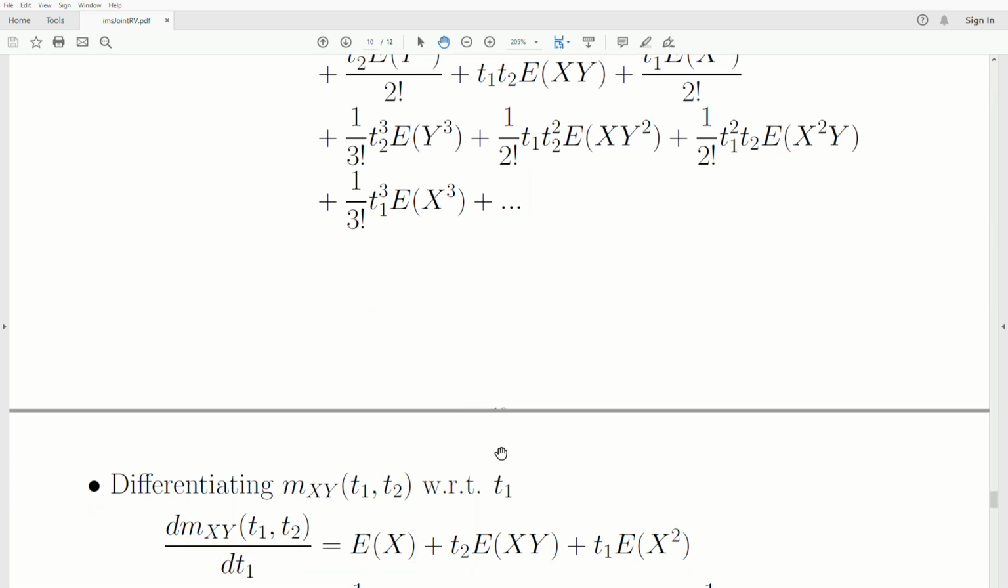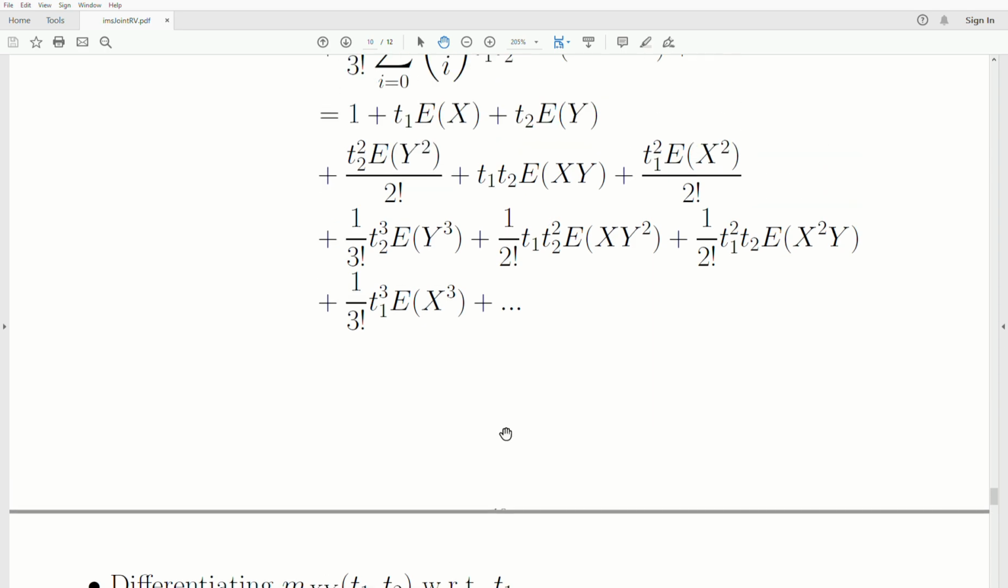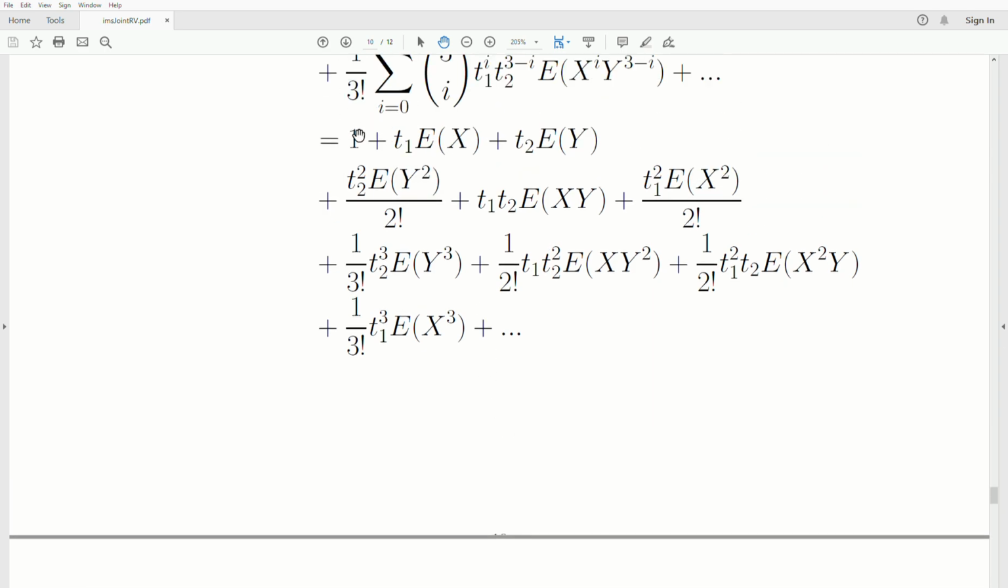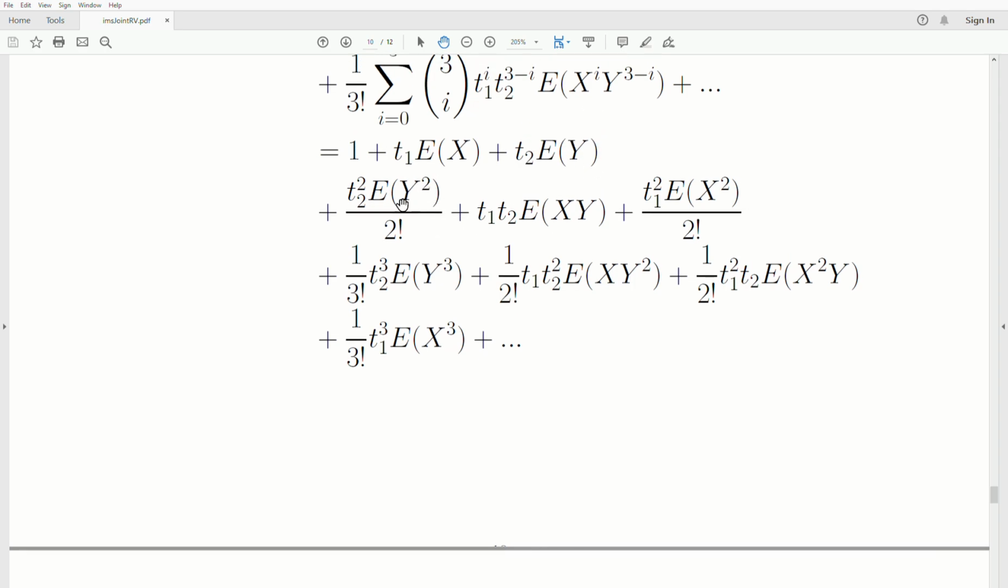So let's differentiate it with respect to t1 first. But let's go up here and see what we would achieve. So this is 0, and then we're left with E of X when we take the derivative with respect to t1. This is 0. This term is 0. Here we'd get t2, expected value of XY.